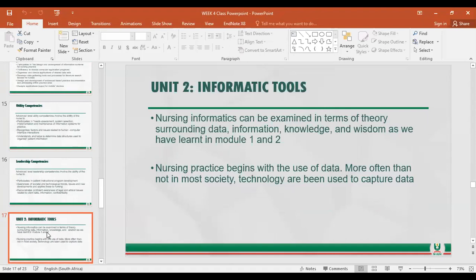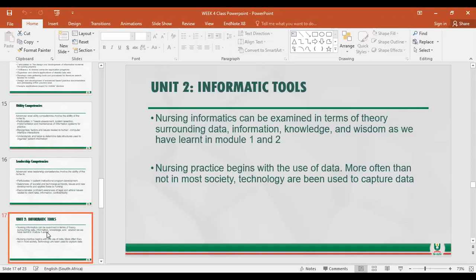Nursing informatics can be examined in terms of theory surrounding data, information, knowledge, and wisdom, as we have learned under modules 1 and 2, that nursing informatics is about data, information, and knowledge.